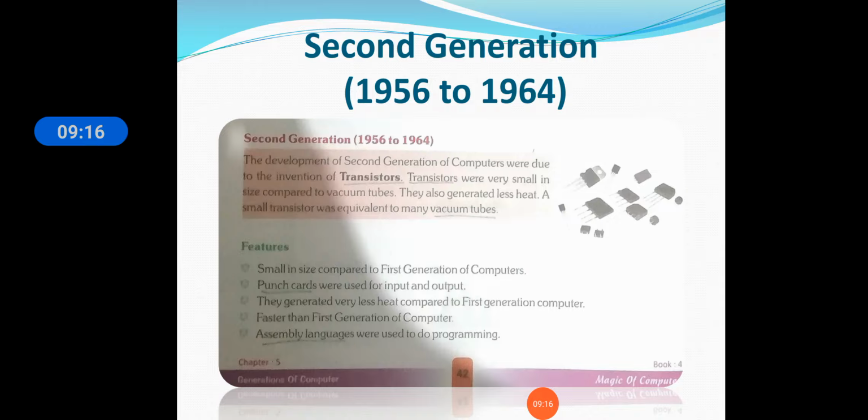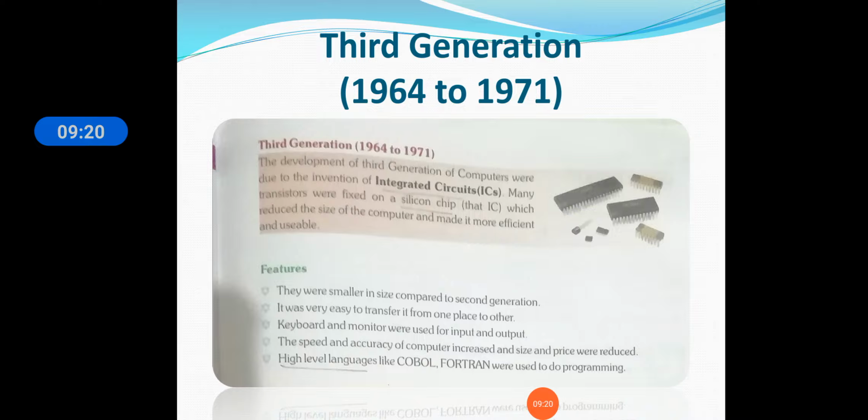Okay, assembly language was used in this second generation of computers. In third generation computers, integrated circuits were used, and because of this they became smaller in size and easy to transfer. Keyboard and monitor were used for input and output. Speed and accuracy increased and price decreased, and COBOL and Fortran high level languages were used to do programming.